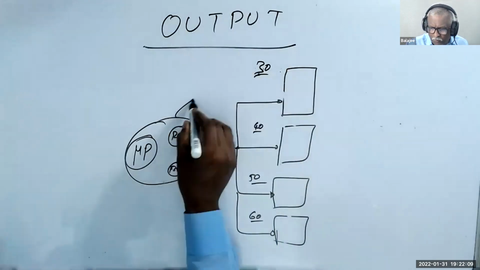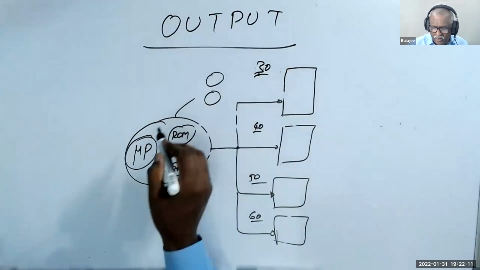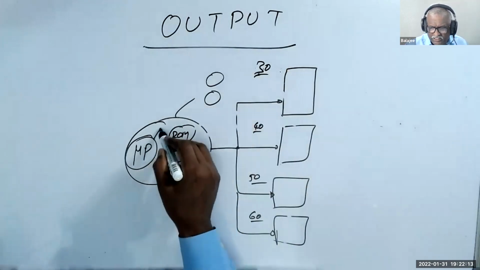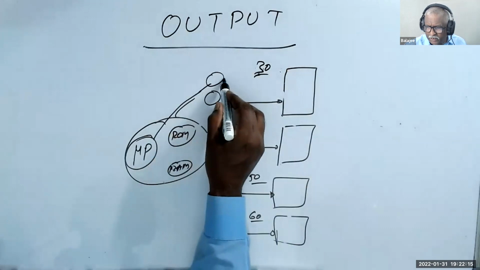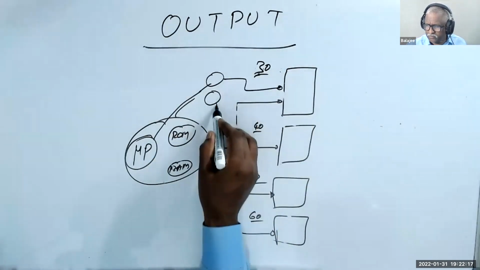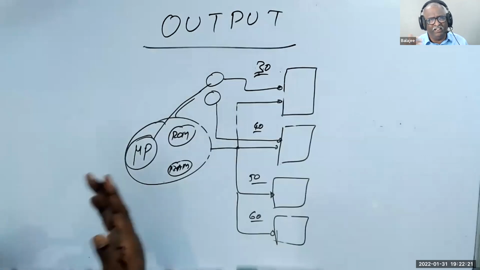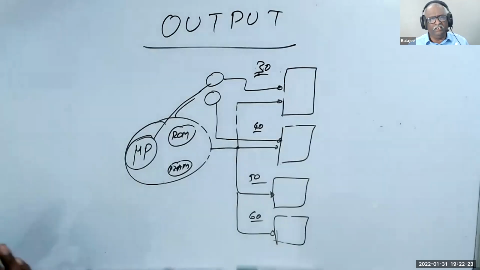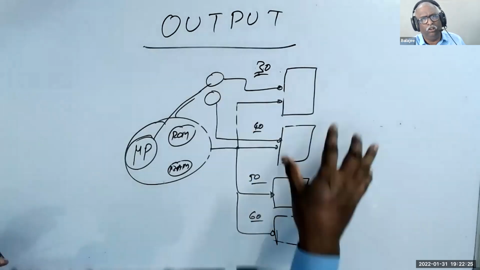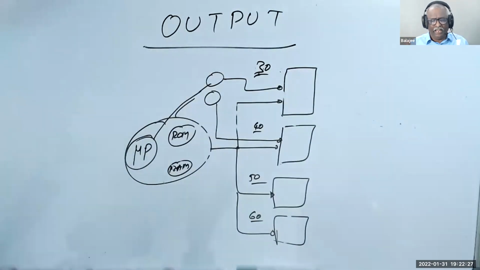Here we have a small block. The microprocessor gives the address, and this block will select the particular component. Maybe tomorrow we have a digital electronics session. If you attend it, you will understand the whole thing very thoroughly. You will get much more clarity. That's the way it works.